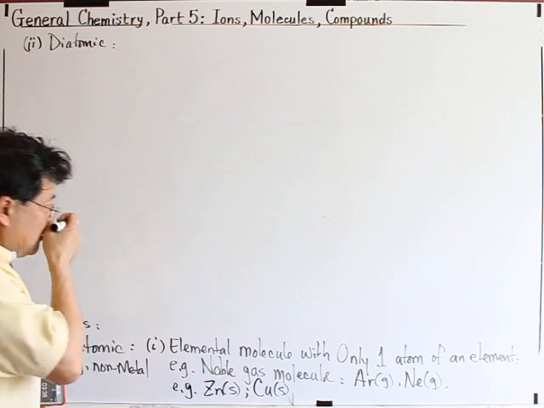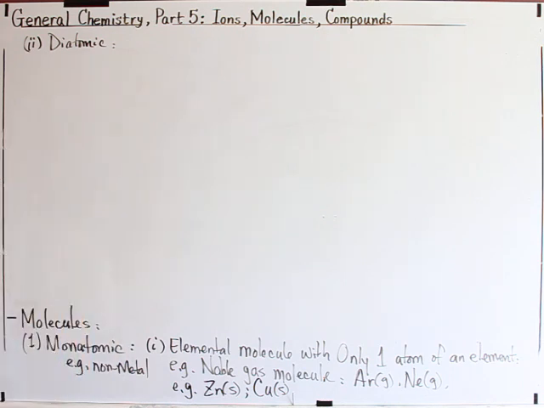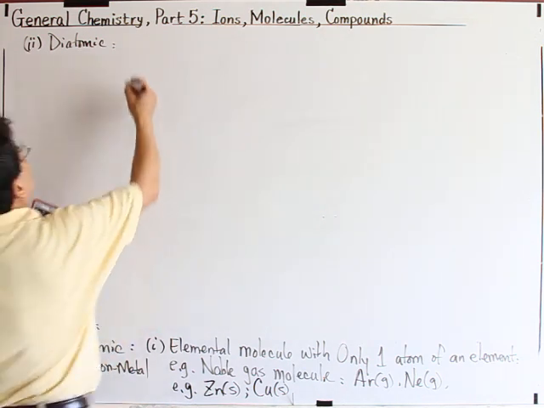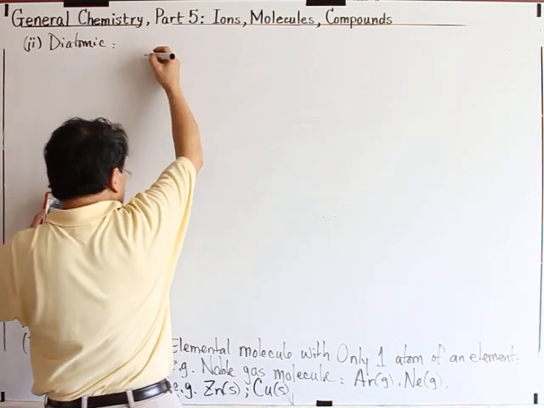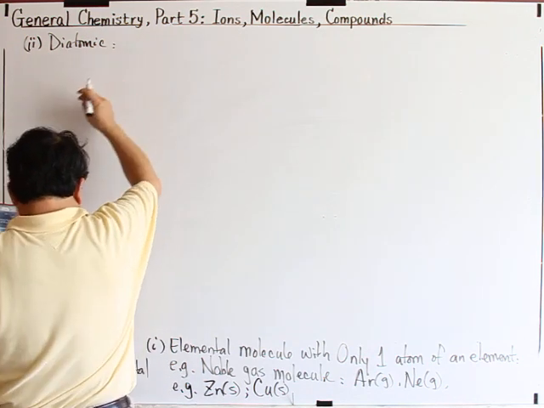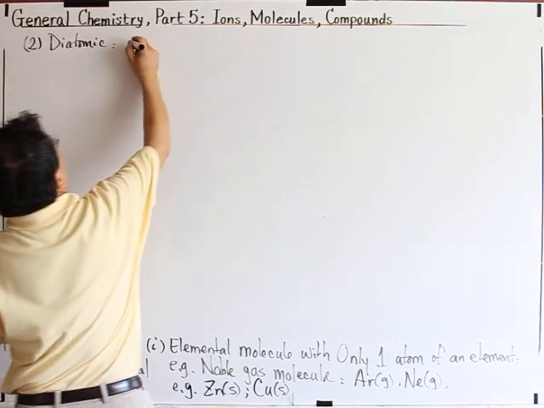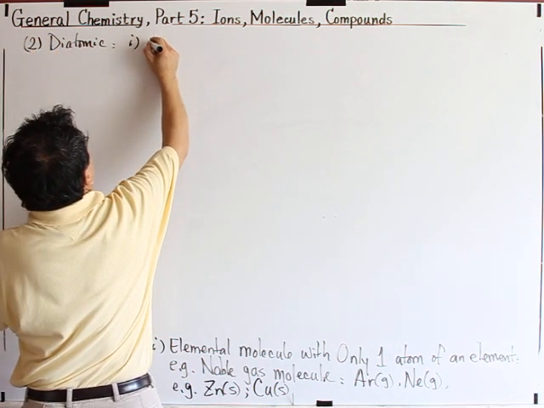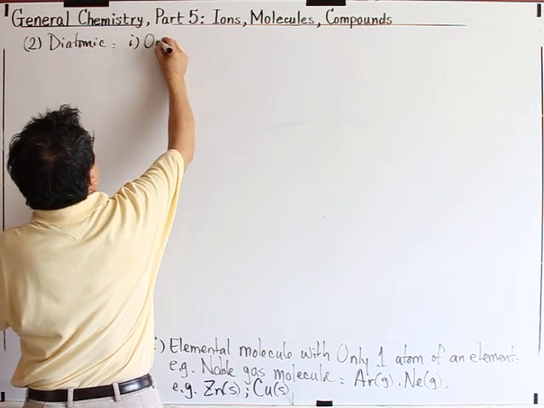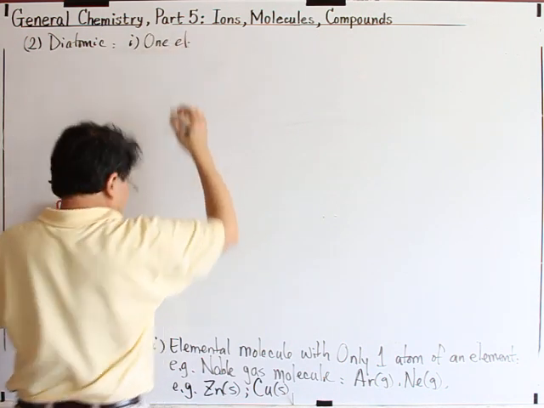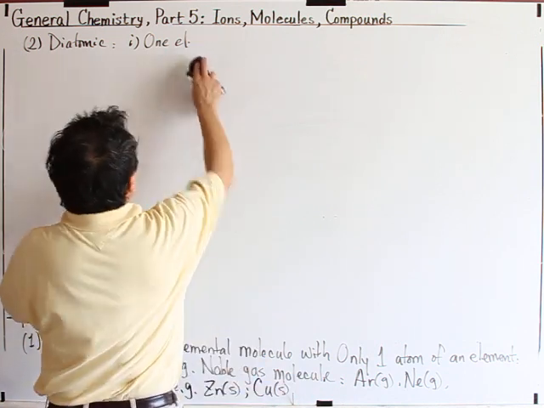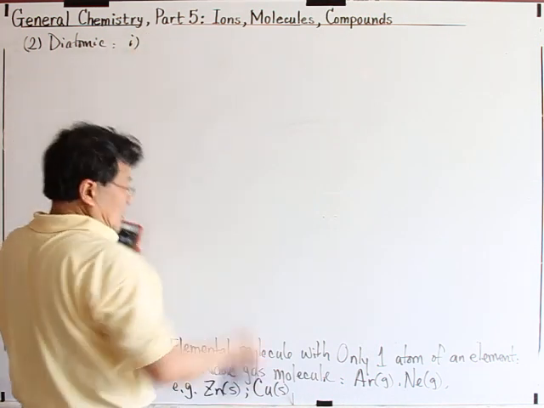Diatomic molecule, we have a lot that we also consider as elemental. Diatomic is going to be 2 right here, and the first is also 1. It's elemental, also elemental. 2.